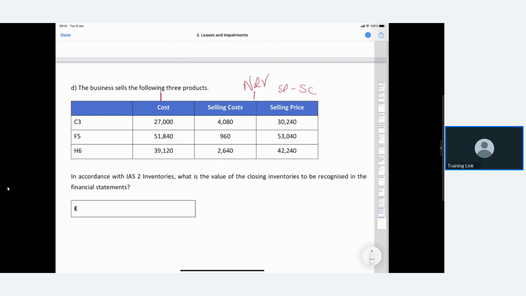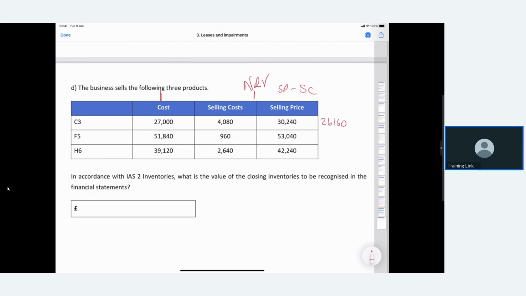So we have cost 27,000, and then our selling price less selling cost would be 30,000 minus 240... 30,240, sorry, minus 4,080, which is 26,160.